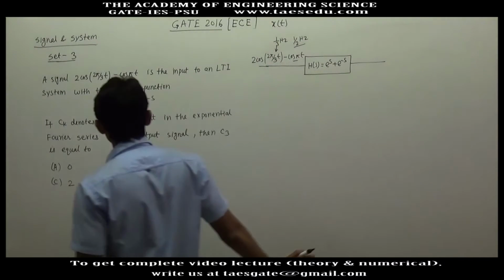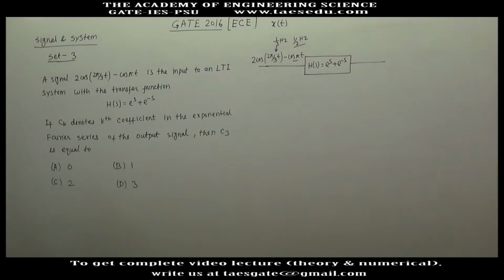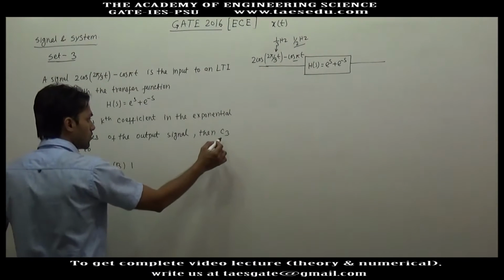Then there will be some output, and if C_k denotes the kth coefficient in the exponential Fourier series of the output signal, what will be the value of C3?